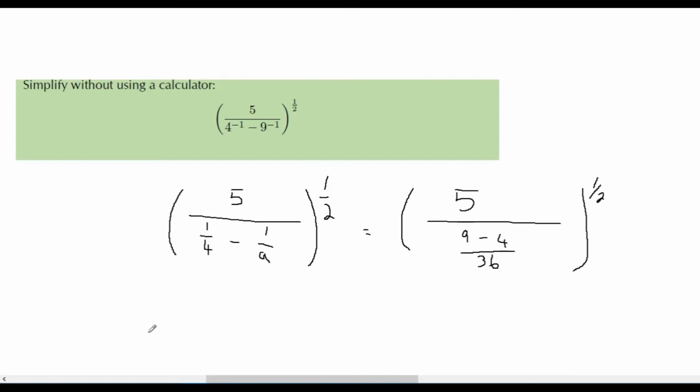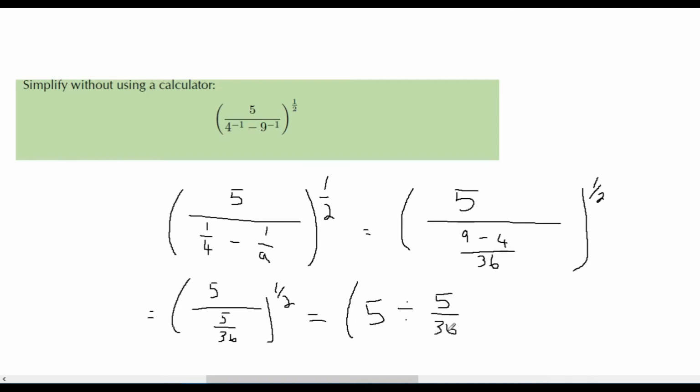Notice that's equal to 5 all over 5 divided by 36 to the power of half. And then we can remember this fraction is just the same as divide, so we're going to have 5 divided by 5 over 36 to the power of half.